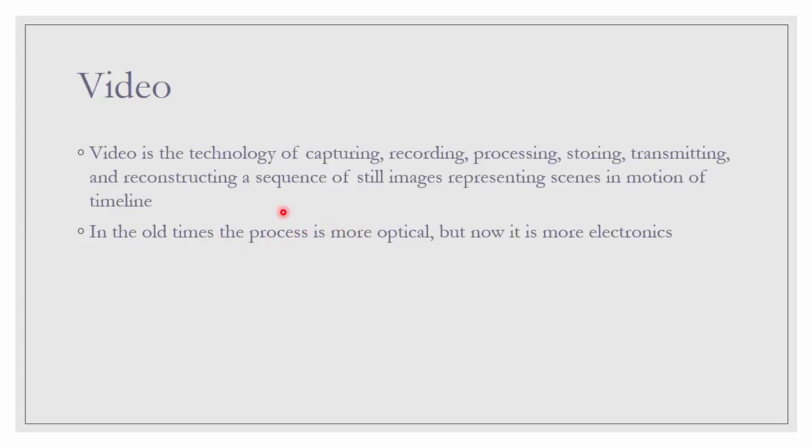In old times, these processes are more optical because video is obviously optical in nature, but now it is more electronics. Even at the very beginning, the capturing of the video information is done using electronic solid-state devices.